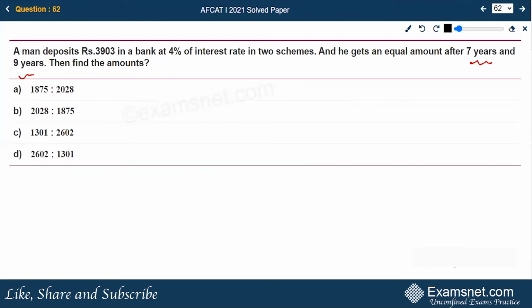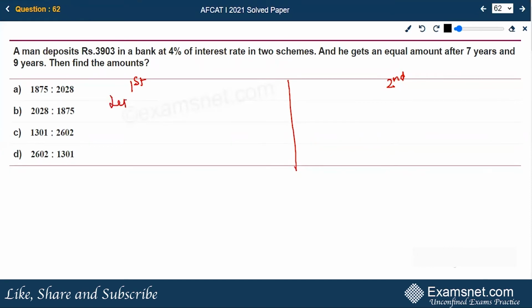Then find the amount. So the total amount that he invested is 3,903 rupees. He has invested in two schemes. So over here, let's say this is the first scheme and this one is the second scheme.